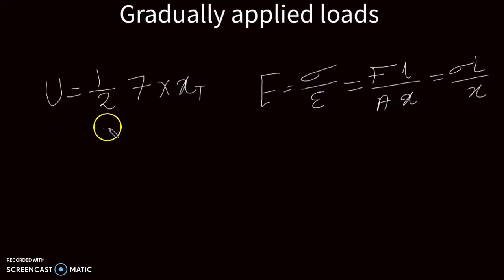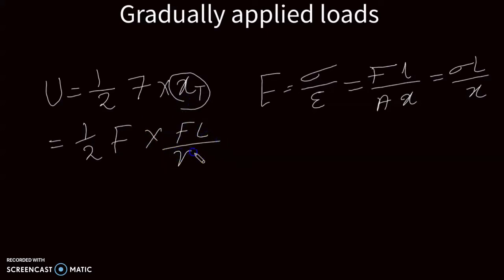So let's say we don't have the change in length, but we are given the force. We want to express the formula in terms of the force. This will be our change in length, and we substitute here, and we end up with FL divided by A E. You take this and make x the subject of the formula, substitute here, and then this is in terms of the force.